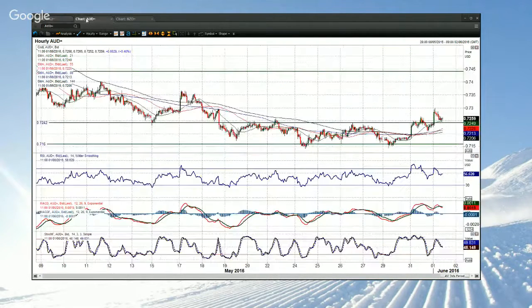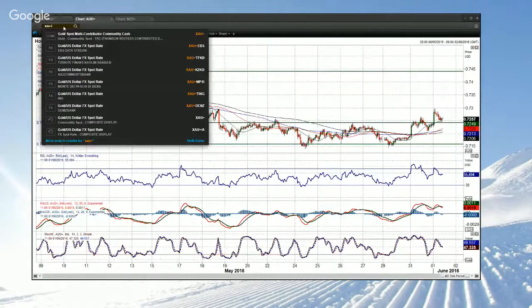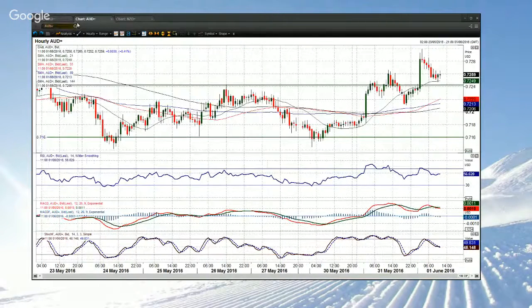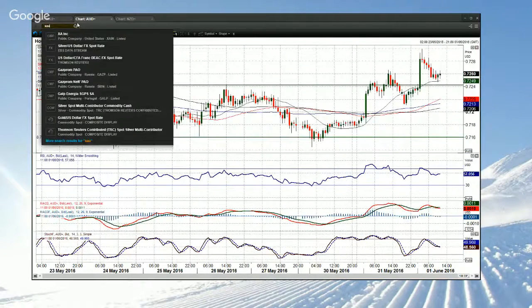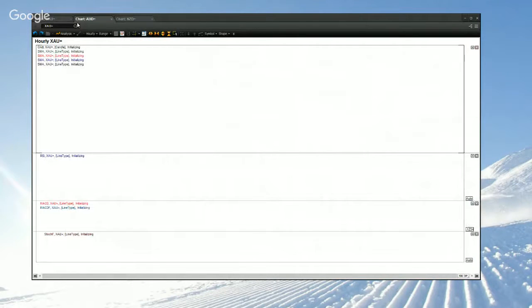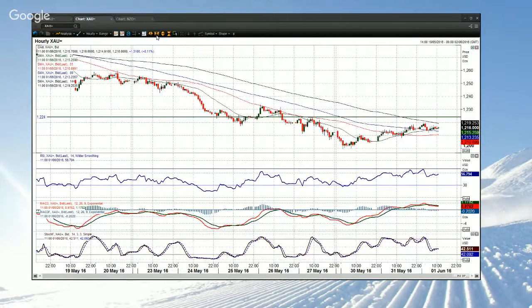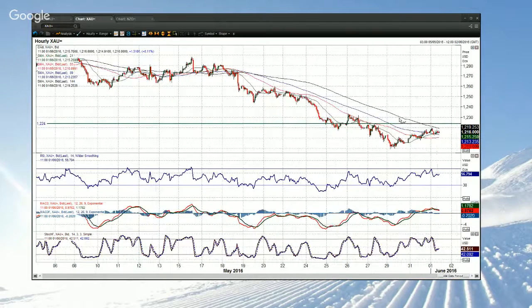Now let's look at that on the hourly chart. Oh, it's done it again. That's better. Is this a sustainable turnaround? Well, there's an improvement, but is it sustainable? It's basically rallied into some resistance, isn't it?